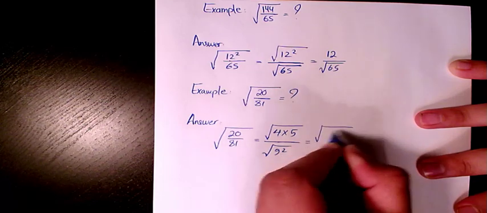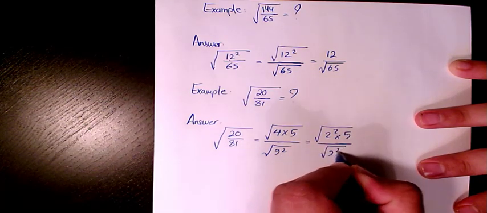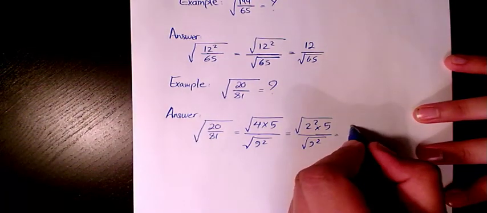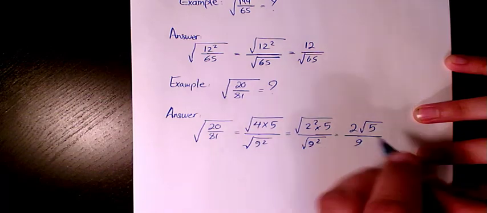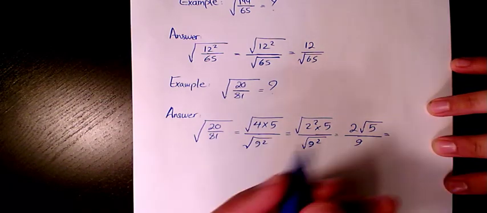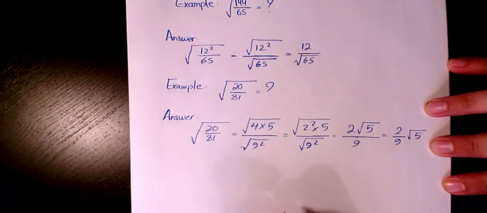So basically it's going to be the square root of 2 squared times 5 divided by 9 squared. It will be 2 root 5 divided by 9. So that's the final answer. We can also write it like this.